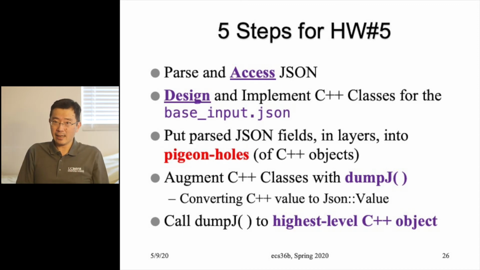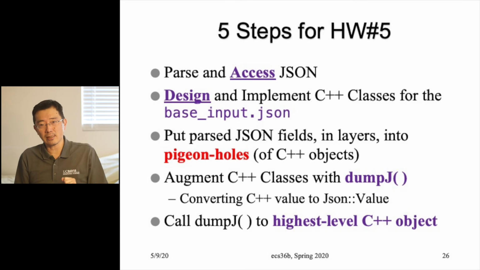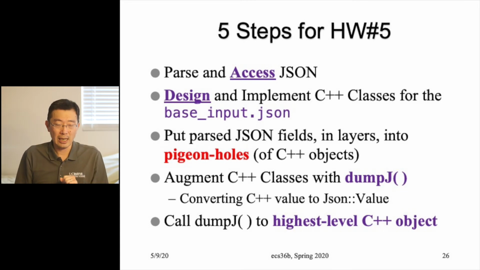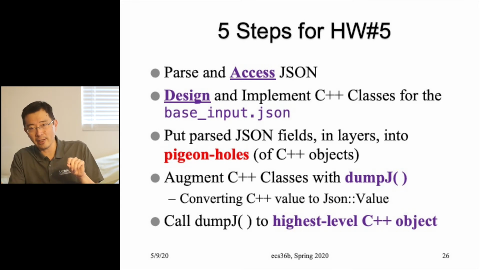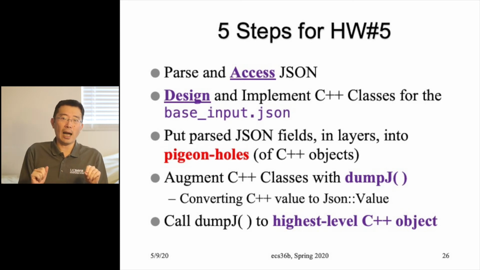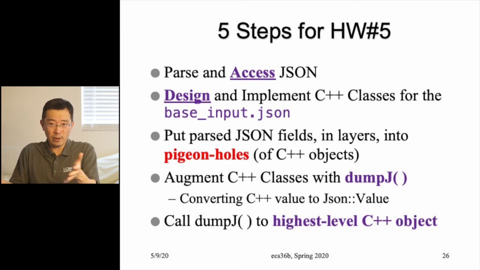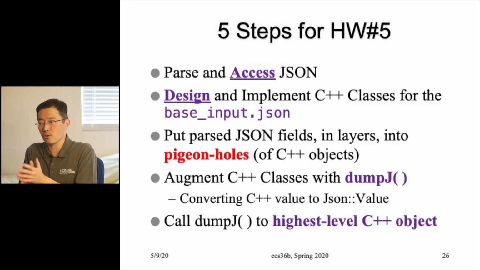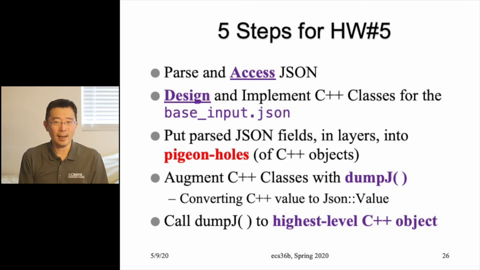So at the end, you just call the dumpj on the highest level object. It recursively calls dumpj on the lower level objects, and at each level they stitch together the lower level JSON they have, and voila, you have your original object.